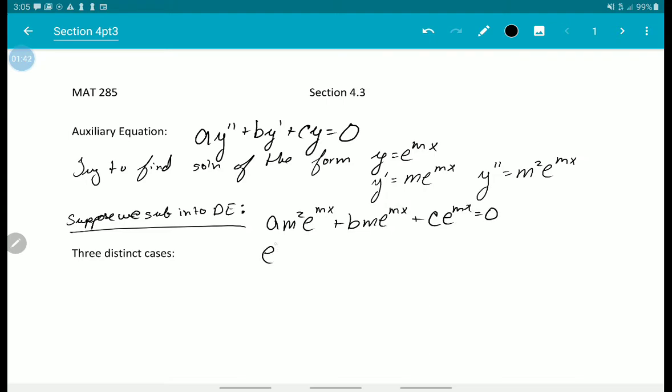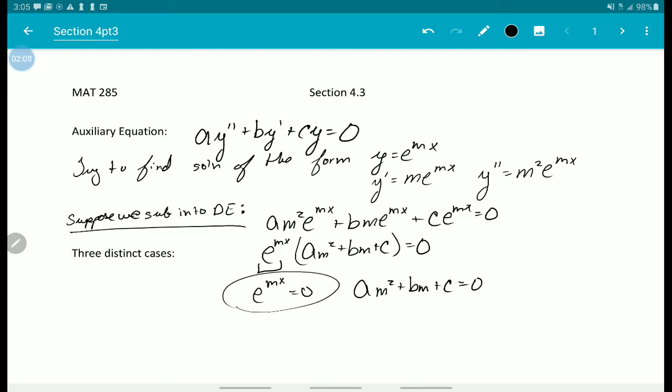Notice every term has that e to the mx in common, so we could factor it out. So the only way we could satisfy this equation is if this exponential function is equal to 0, or if am squared plus bm plus c is equal to 0.